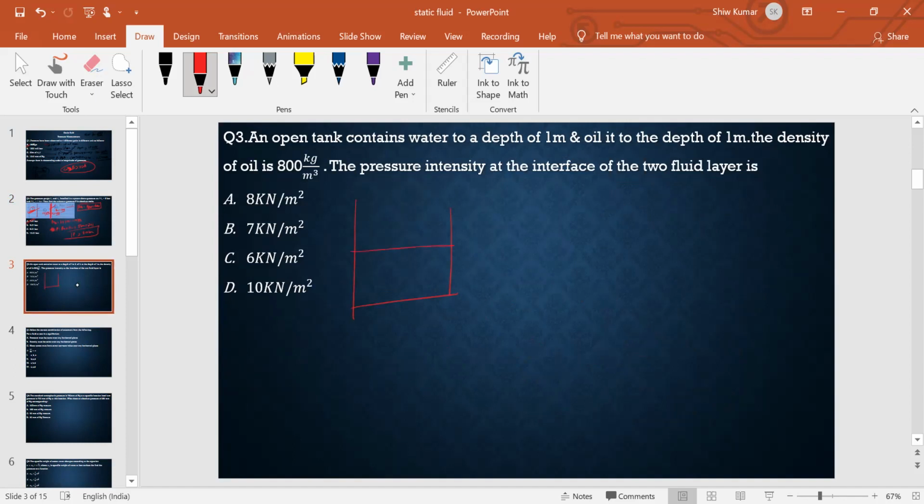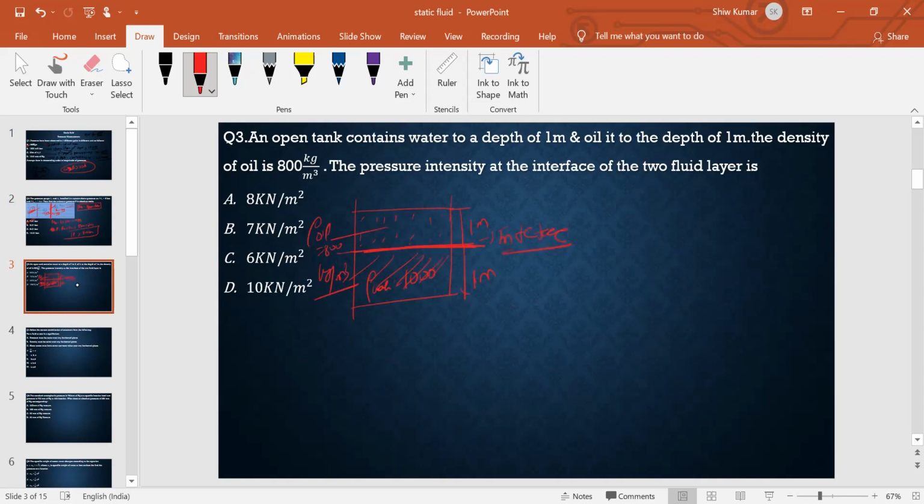First of all, there should be water at the bottom because water is more dense, and the height of the water is given as 1 meter, with water density 1000. After that there is oil, because the oil density is less, which means the oil will be floating. The oil is 1 meter, and the density of oil is given here as 800 kg per meter cube. So I need to find the pressure intensity at the interface.